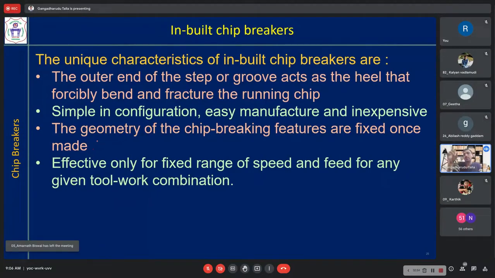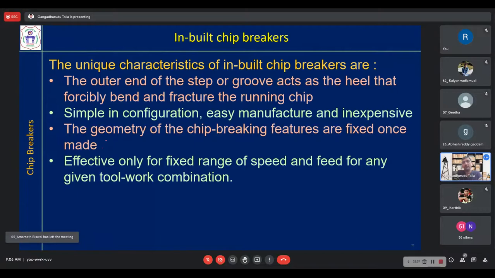One time you can attach the parallel step type. Another time, when you think there is a need for an angular type, you can attach that. But if you are cutting it directly on the tool, you cannot change it. That is the disadvantage of directly cutting.